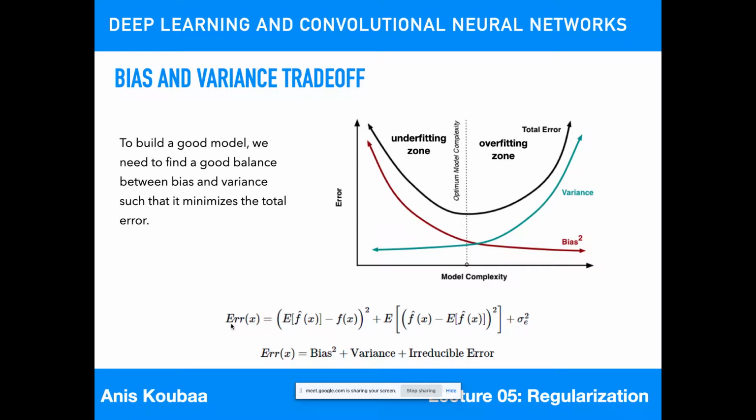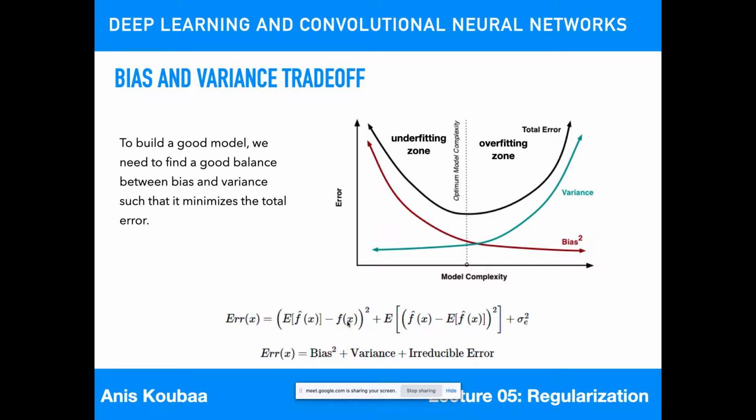The error that we will find will depend on the bias, on the variance, and on an additional error. So how do we calculate the bias? Basically it is the expected output of the model minus the ground truth.